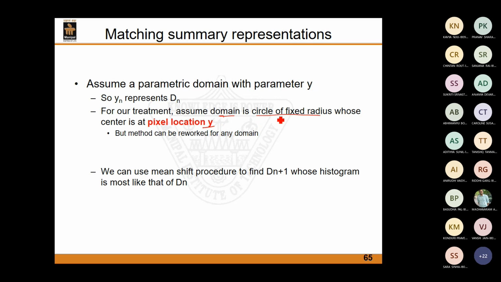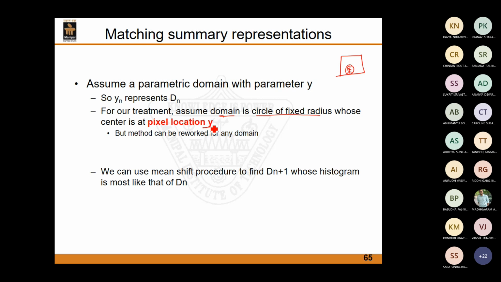Okay, so we are just assuming, let's say you have an image, and you have a particular object over here, and you are assuming a circular domain of interest, and the center of that particular circle is located at the pixel location y.